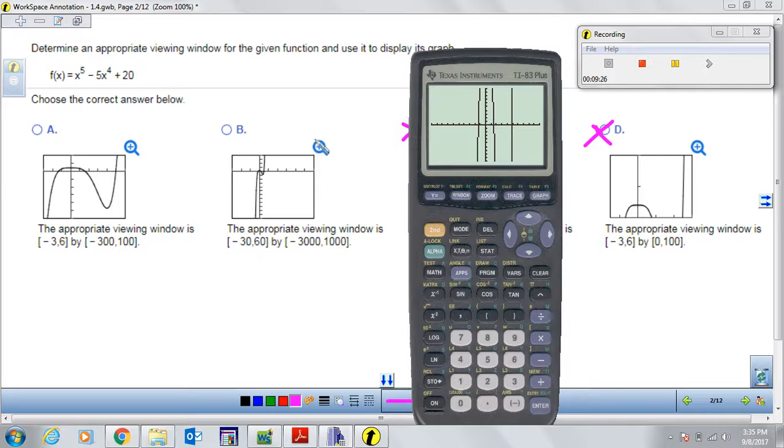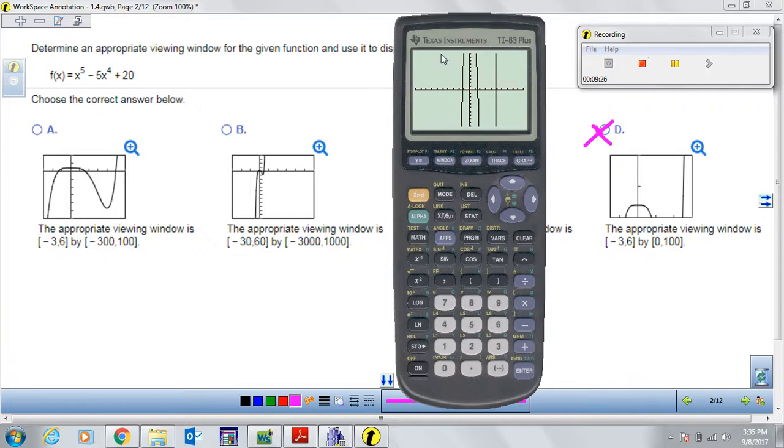We would like to see attributes in a better, closer way, as for example the x-intercept, exactly what the y-intercept is, if it is possible to appreciate it in a better viewing window. So then I'm going to go with the first one, -3 to 6 for the x-axis, and then -300 to 100 for the y-axis.